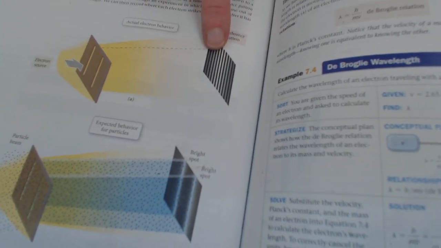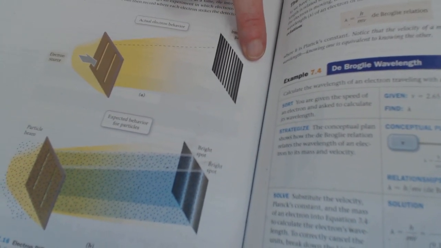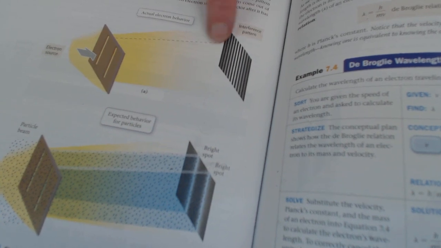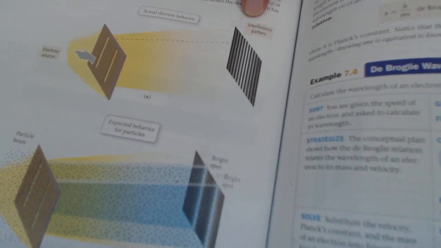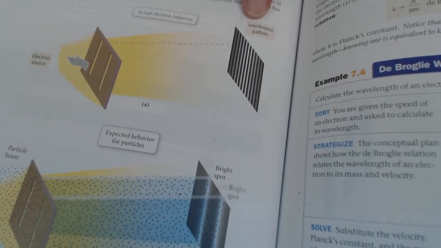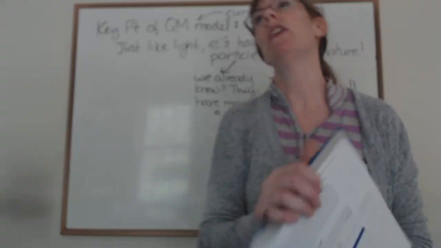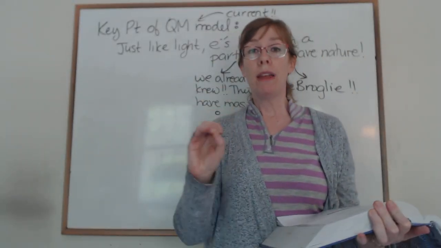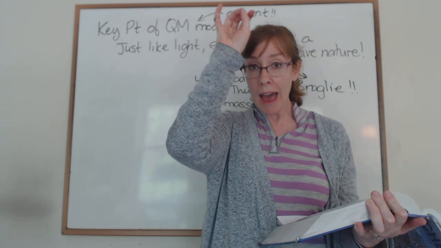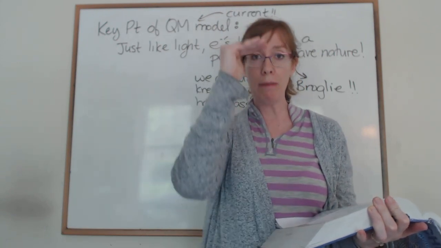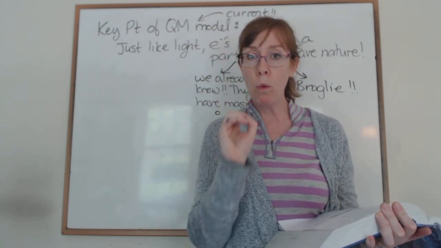Instead, look what he saw when he did these experiments. Black, white, black, white, black, white. And all that we really need to take from this is that that is an interference pattern. And we spent a lot of time in the last video making the point that the only explanation that we have for interference patterns, black, white, black, white, black, white, is wave nature.